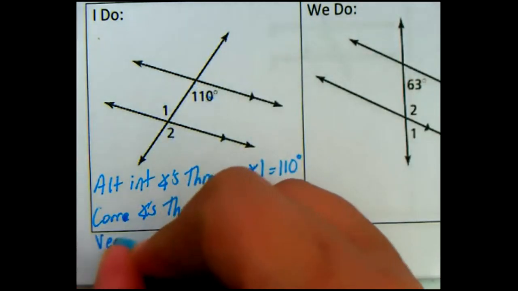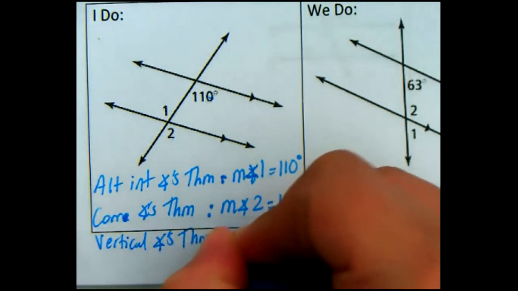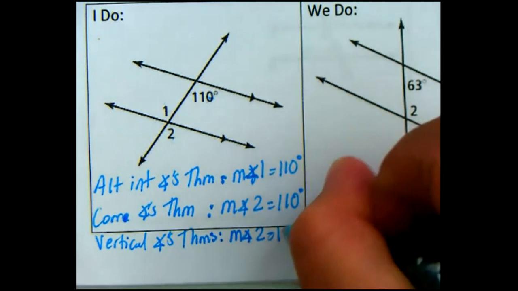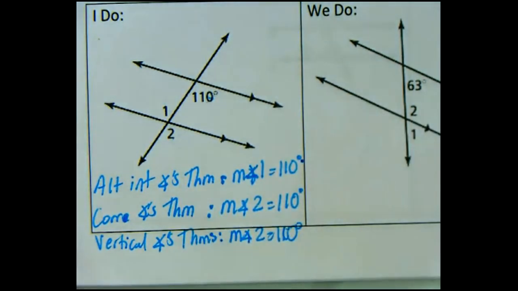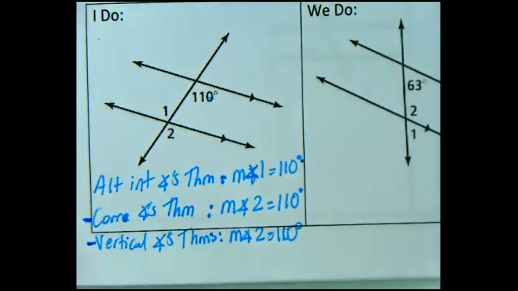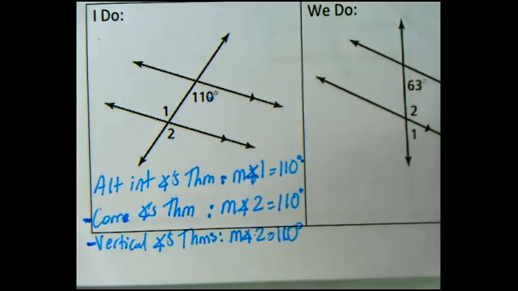So by the vertical angles theorem, I could have even said that the measure of angle 2 is 110 degrees because the measure of angle 1 was 110 degrees. So either one of these would have worked for the measure of angle 2. So you will have to kind of do a process of elimination if it doesn't automatically jump out at you.